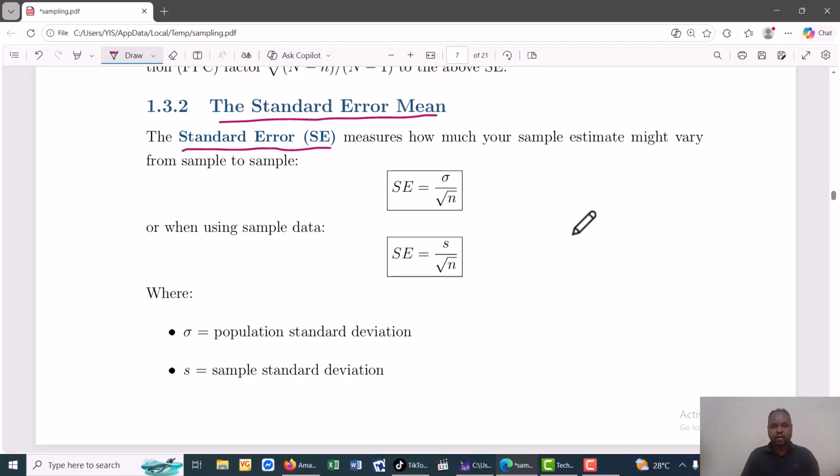If our data is categorical or qualitative, such as yes, no, agree, disagree, support, oppose, for such we compute a summary which is proportion. So here we will see the standard error for mean and the standard error for proportion. But the central message of standard error is that it measures how much your sample estimate might vary from sample to sample.